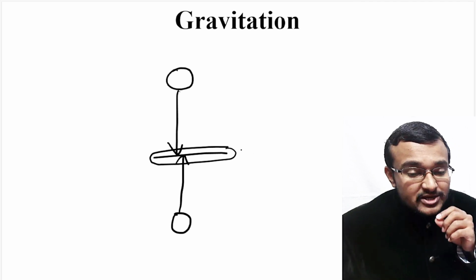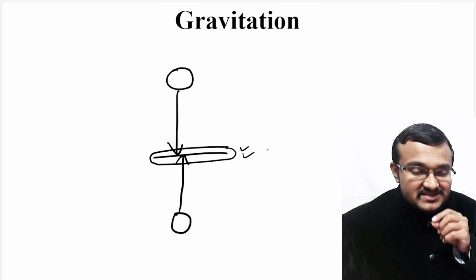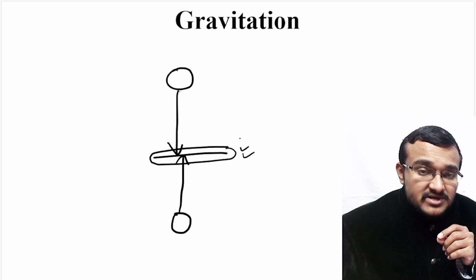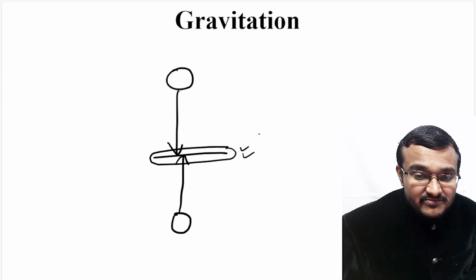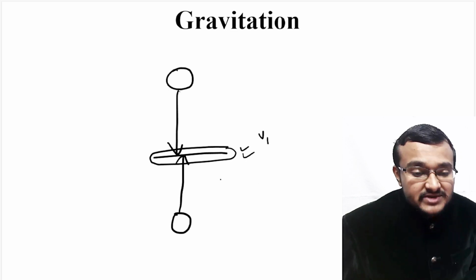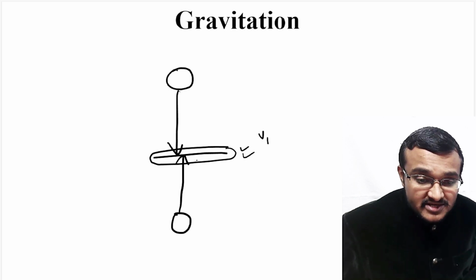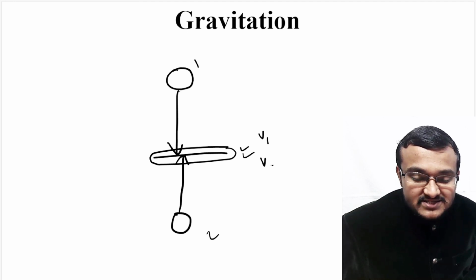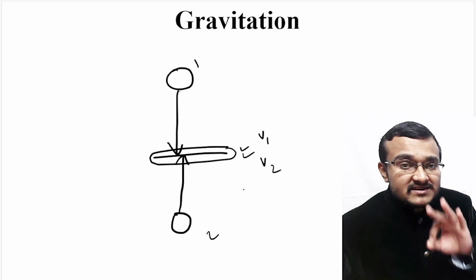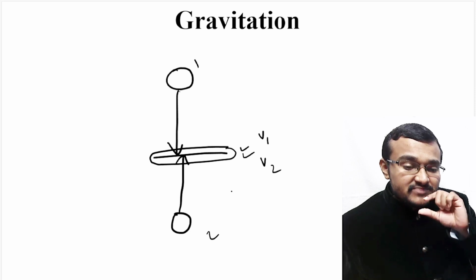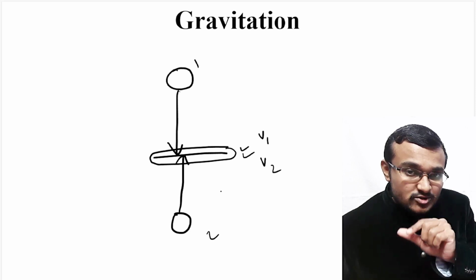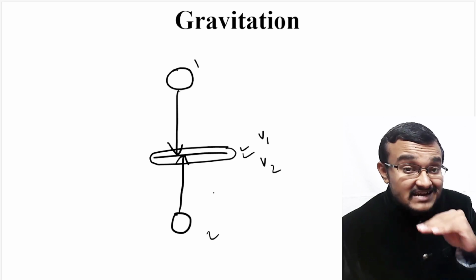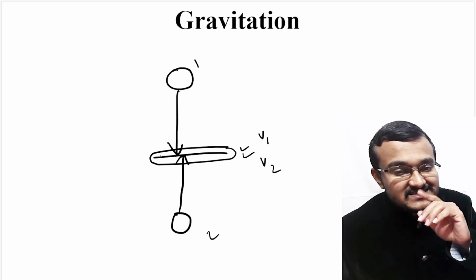In order to calculate this distance, at this particular position stone 1 will be having V1 as its final speed, and at this position stone 2 will be having V2 as its final speed.